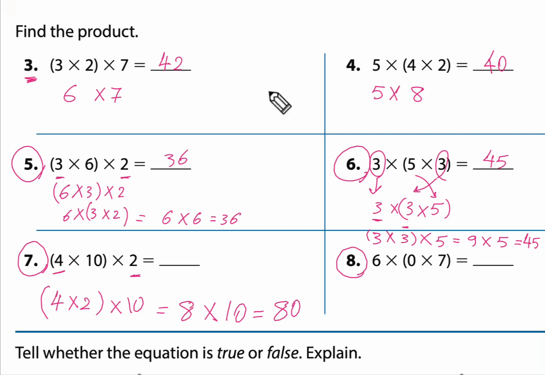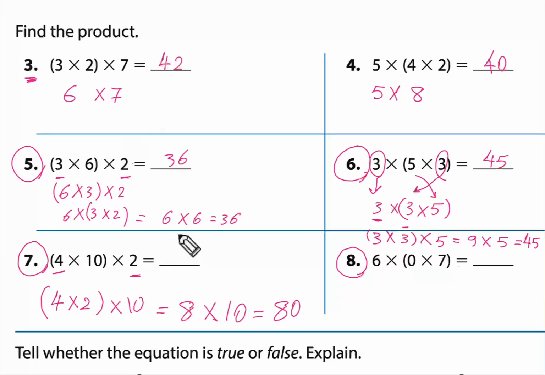Okay, the next question, Muhammad. If you multiply 0 by 7, we get? Do not speak. 0 multiplied by any number gives? No, 0. 0 by any number gives 0. Okay?